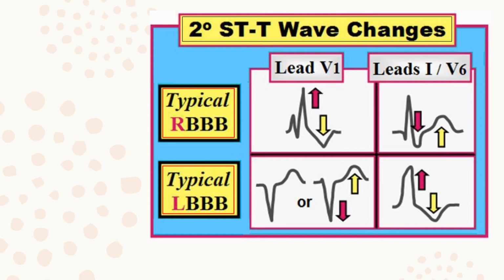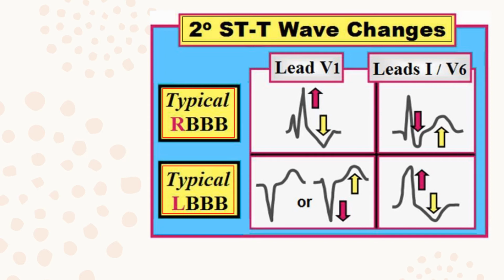So what can we expect? Exactly what this slide shows, which is that the ST segment and the T wave are in the opposite direction of the last deflection of the QRS complex. So walking this through, if we look at the typical right bundle branch block, our QRS is upright.